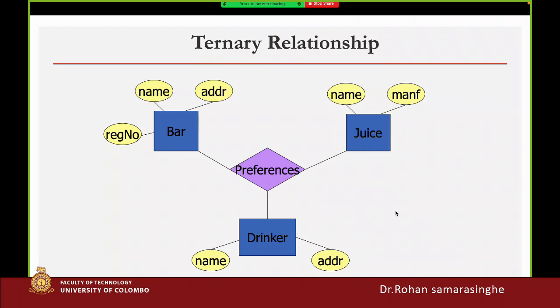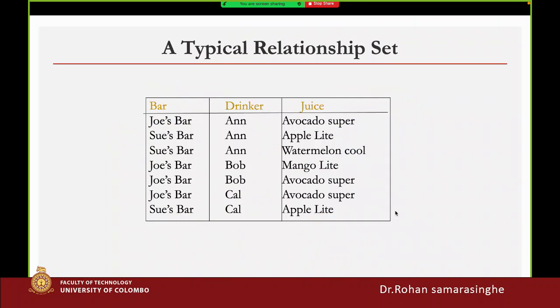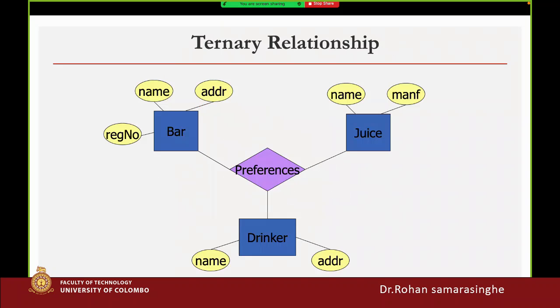You can see Anna prefers to drink from Joe's bar, avocado super and apple light.